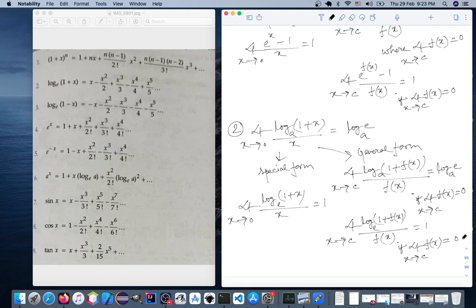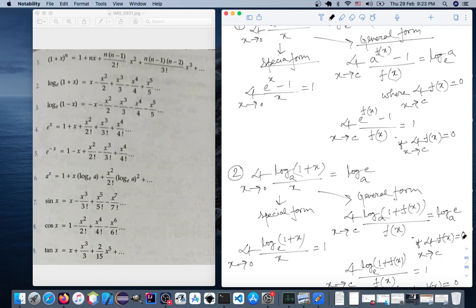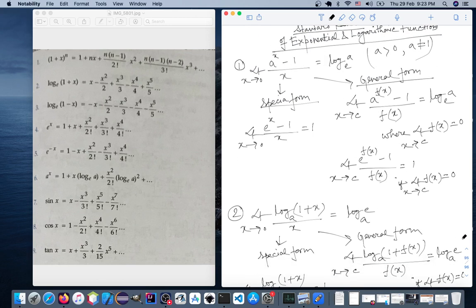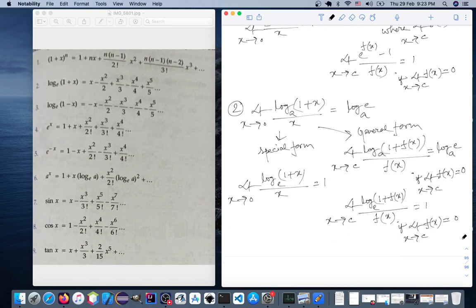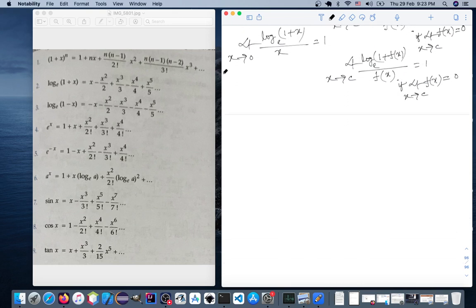So the third and the last result is limit x tending to 0 of (1 plus x) to the power 1 by x is e. This is the special form.